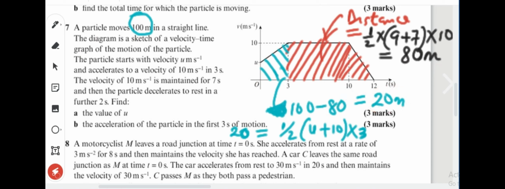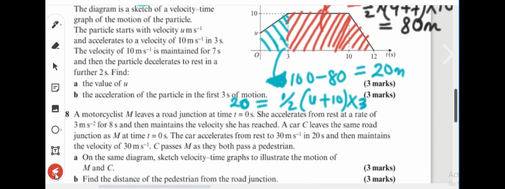And so to find u, this is also a trapezium. 20 is equal to half times sum of parallel sides, u plus 10, this u plus this 10, times height. So we can easily get the height. Remember, it is the distance between the parallel sides. I think we can quickly solve that.